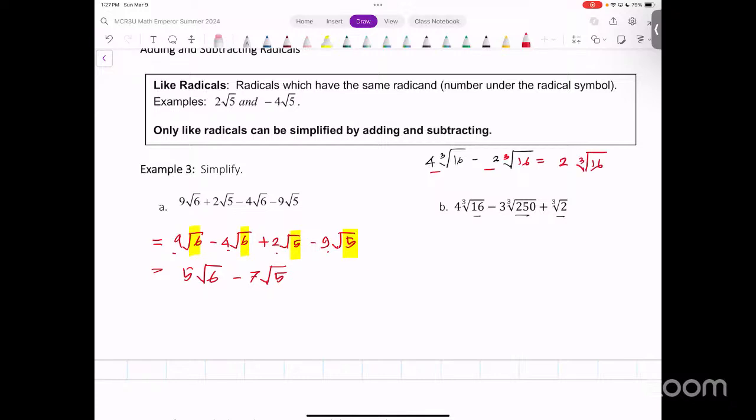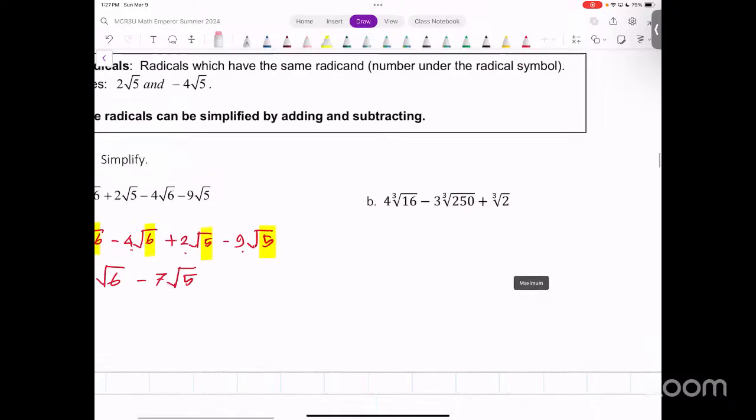Inside the radical, do we have the same number? I'm talking about this example, number 4. You got a 16, I got a 250, I got a 2, isn't it? Are you seeing the picture? So there's no way I can collect it. But we can do something to collect it.